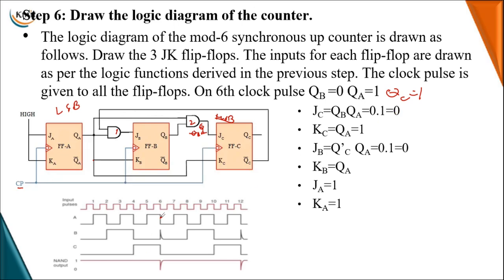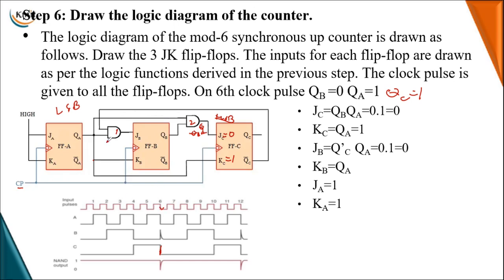Upon the sixth clock pulse, this flip-flop has J input 0 because of QB and QA, and KC value equal to 1. If KC is 1, it will reset. So QC, though it was 1 until the fifth clock pulse, comes to the 0 state on the sixth clock pulse edge.